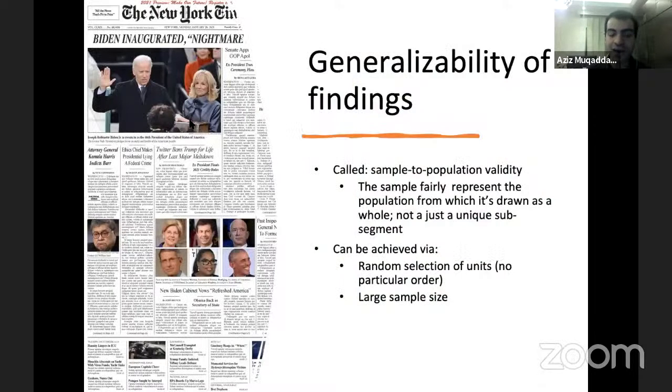And finally, the generalizability of the findings, which is about whether the sample you draw from the population of the content is representative of that whole content. Does the sum represent the whole? That's why it's called sample to population validity. So is your sample representative enough? That's done by drawing what we would call a random sample.